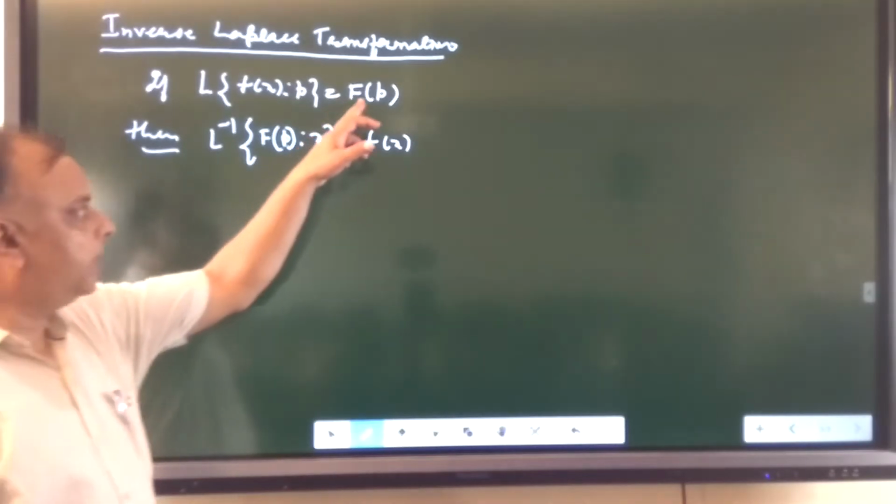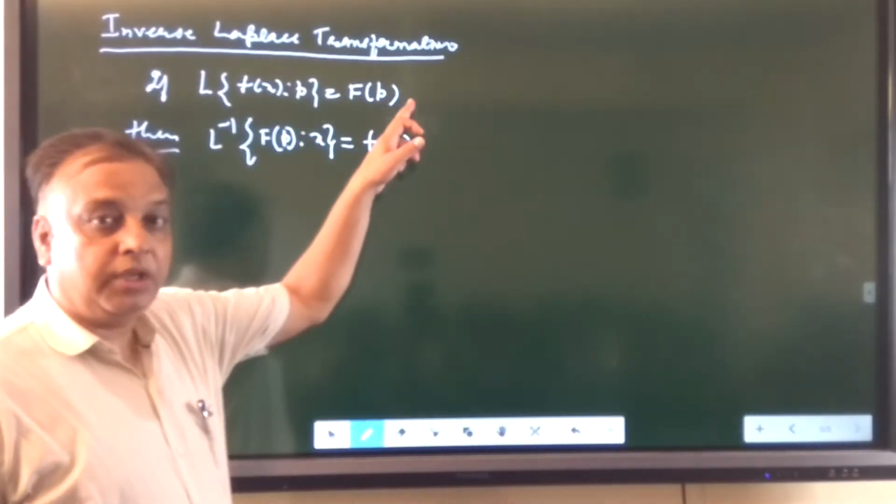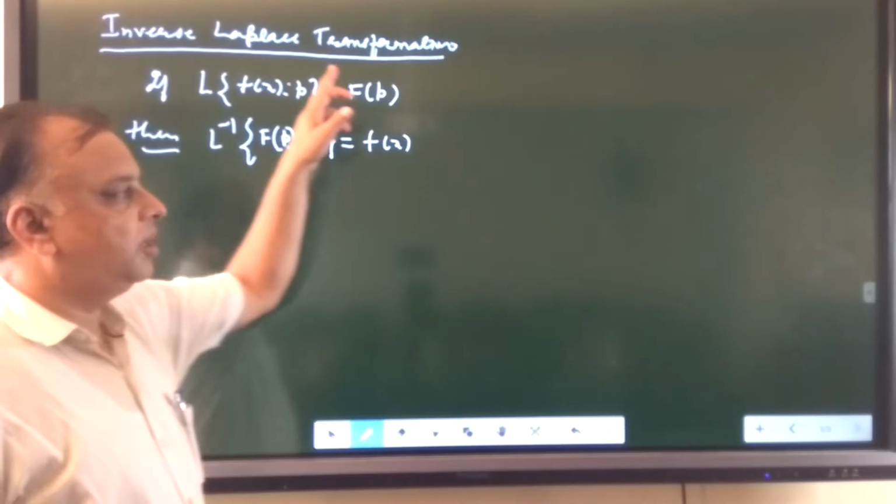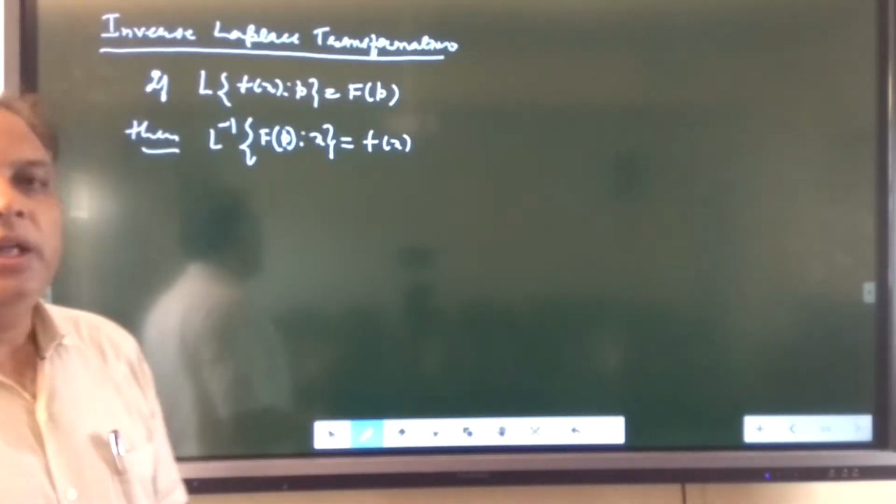So, if the Laplace transformation of f(x) is equal to f(p), then f(x) is the inverse Laplace transformation of f(p).